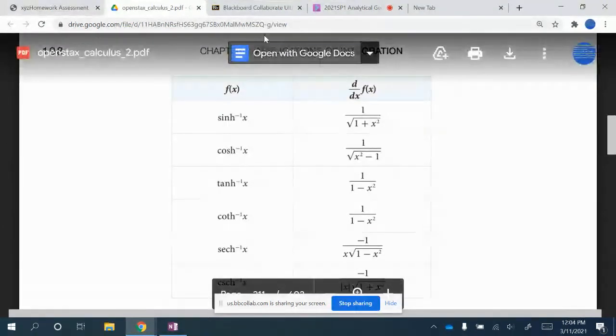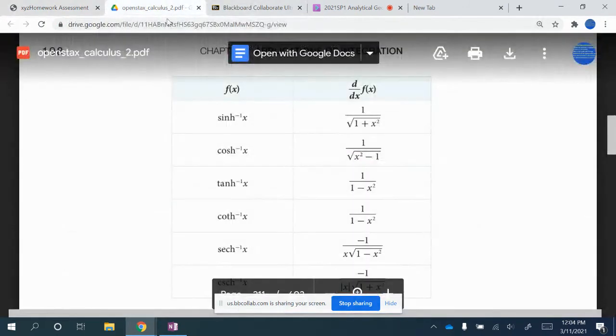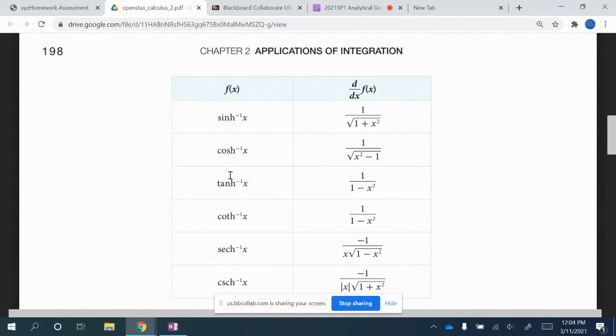Okay, so notice in our problem, we were asked to find a derivative for an inverse hyperbolic tangent. So this is the formula we would use.